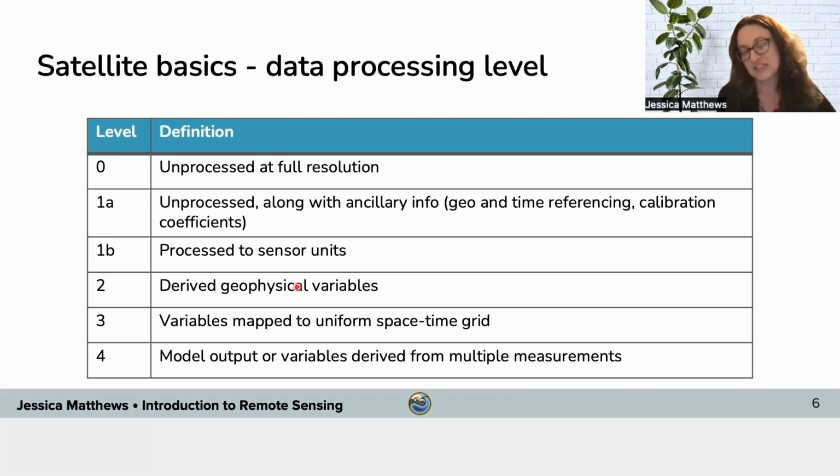If you're just interested in applying the satellite data to answer a research question, you'll likely be using either level 2 or level 3 data. Level 4 data doesn't happen a whole lot of times because it goes through a number of processing steps to get there. But it is out there, although a little bit rarer than the level 2 and level 3 data that most people work with.